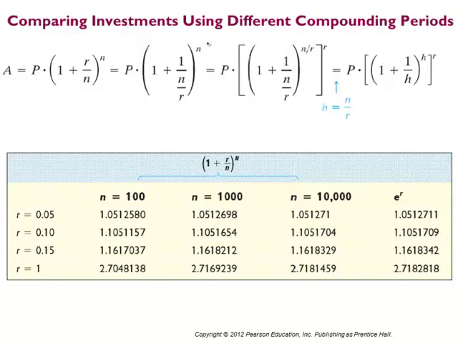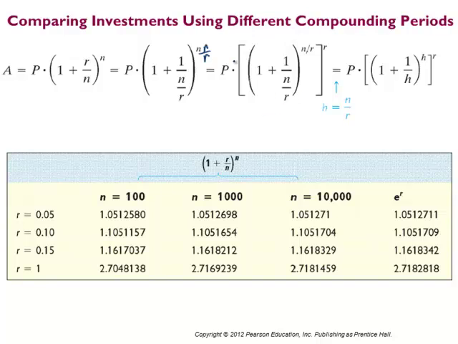Now, this exponent of n, what we're going to do is multiply and divide by r. Now, when you take a number and multiply and divide it by the same number, it doesn't really change anything except the way it's expressed. So now we have nr over r. Now you can then pull out an r as the outer exponent using that power rule for exponents.